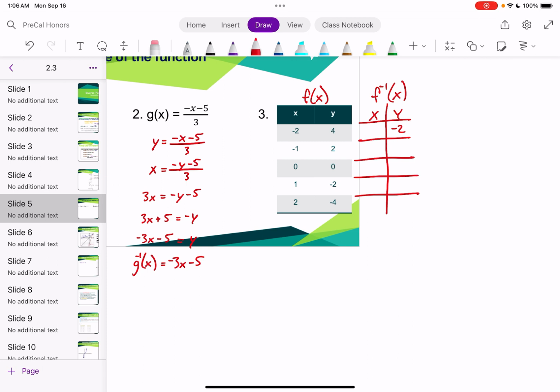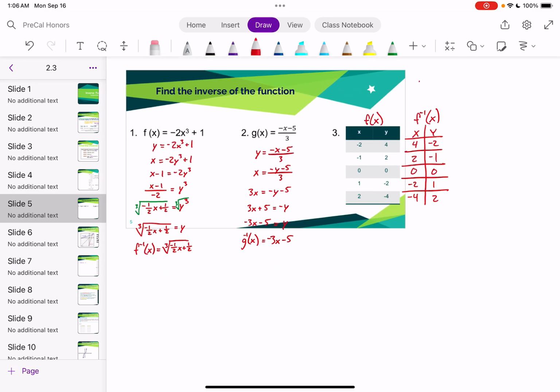If y was 4, now x is 4. And they switch the position every time. So if we were to go ahead and write down all of our x's in the positions of the y's, so -1, 0, 1, and 2. Our y's would go in the position of the x. So 4, 2, 0, -2, and -4.